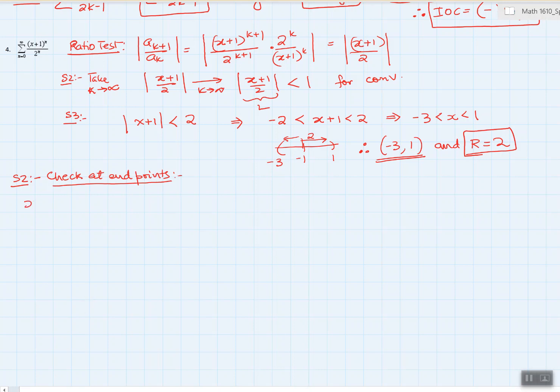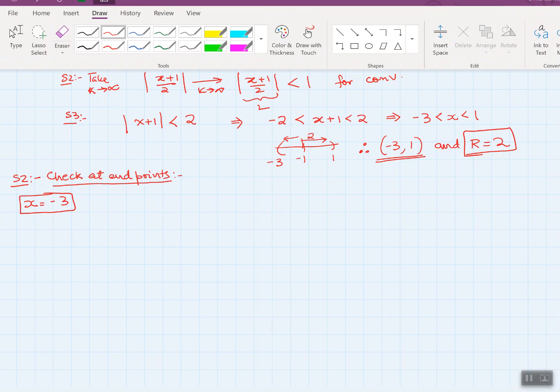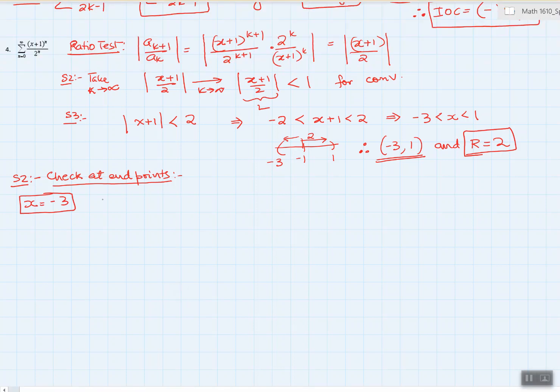So let's first go x equals -3. Let me write down the power series again: (x plus 1) raised to the power k over 2 raised to the power k.